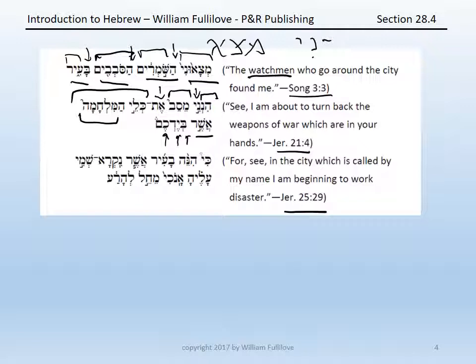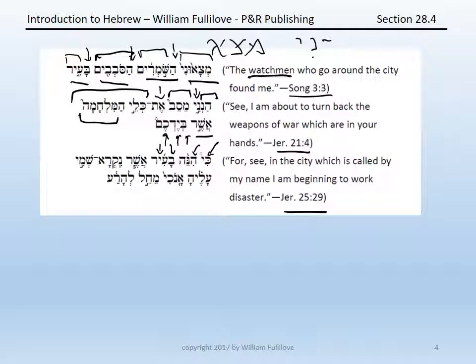And then third, Jeremiah 25:29, ki hine va'ir asher nikra shemi, aleha anochi mechel lehara. So for, causal ki, hine, the particle of attention, ba, in the city.